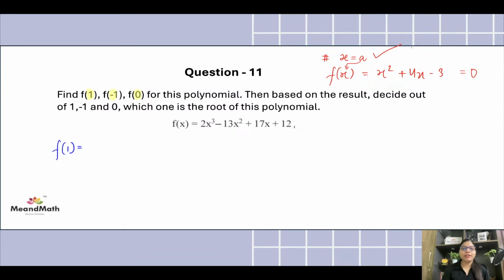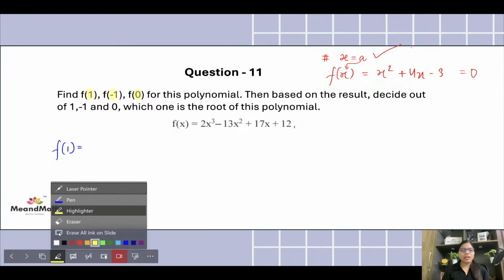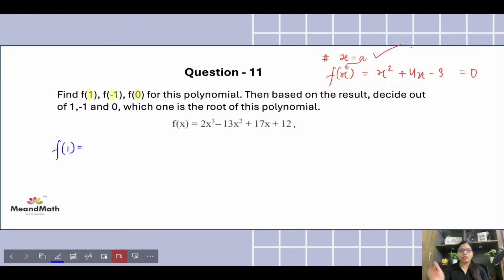So we have to do f(1) first. Both of you, Nabil and Janvi, solve f(1) and let's see what answers you both come up with. If you have any confusion, let's do the first together, the rest you are going to be doing.